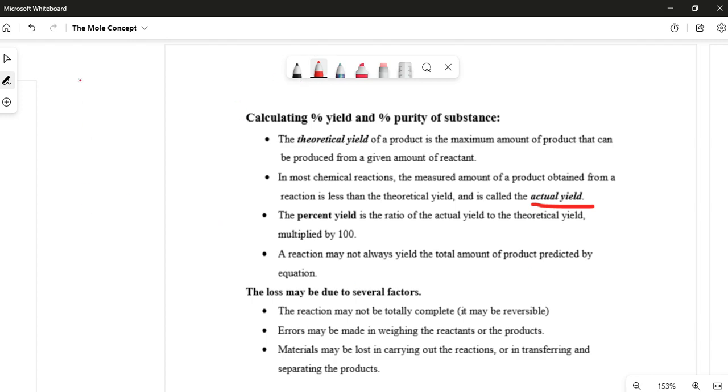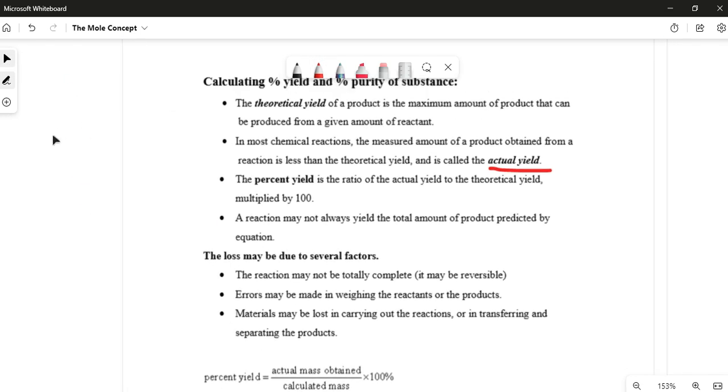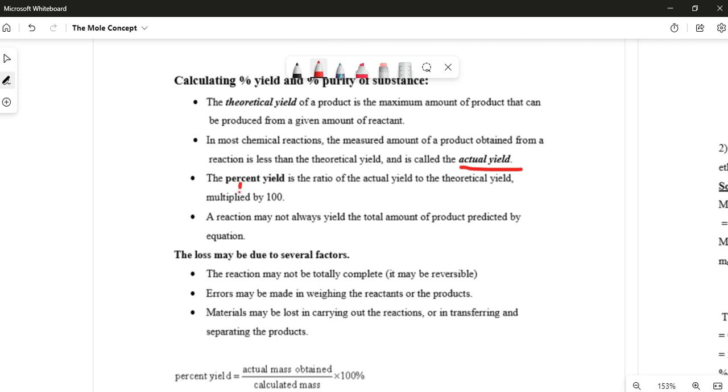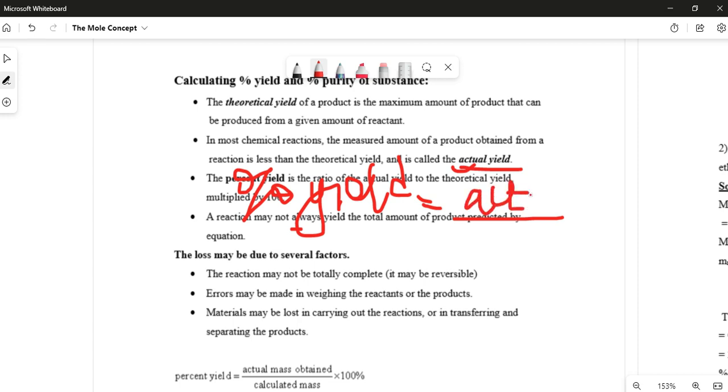So what this is basically saying is that for percentage yield, a particular mass will be given to you. Is it actual mass or theoretical mass? I think it's actual mass, which will be here. And then you use the reactants and products and the moles and everything to find your theoretical mass.